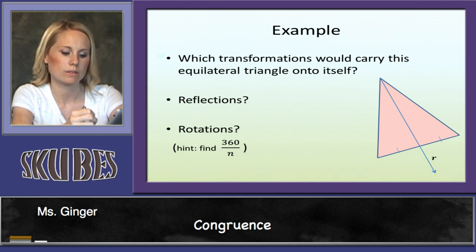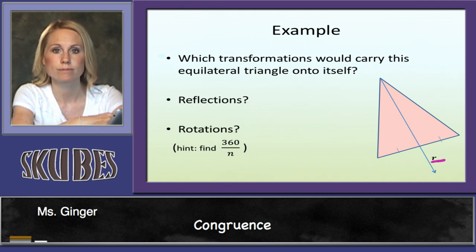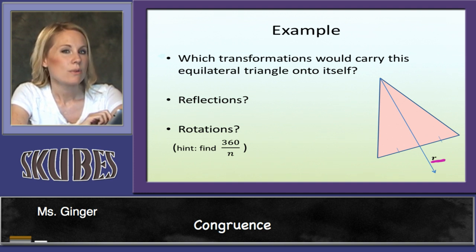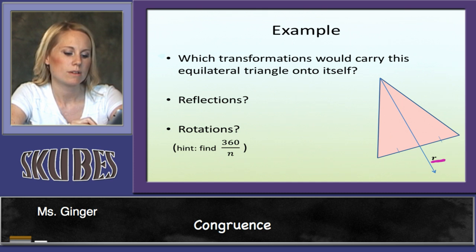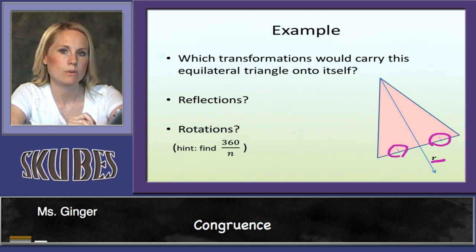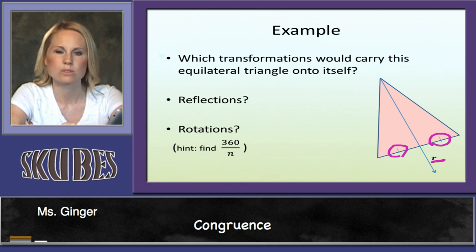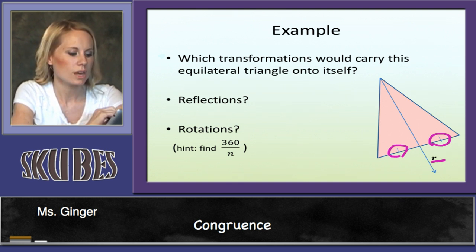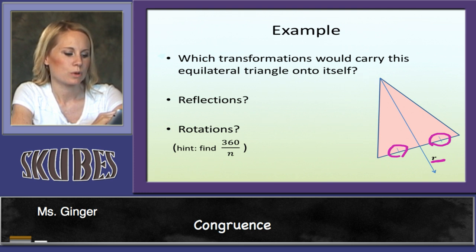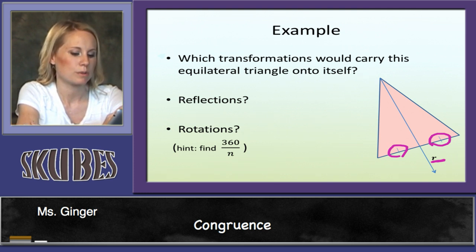So we can see one here. We've got a line of symmetry here, labeled R. And I know that that goes through the midpoint of the opposite side because I can see these tick marks here, letting me know that those segments are equal, which means that line R passes through the center of that side. So what reflection would carry this figure onto itself? It would be a reflection about the line R.